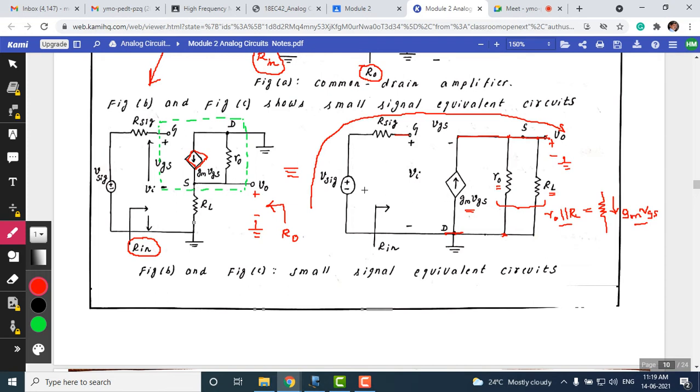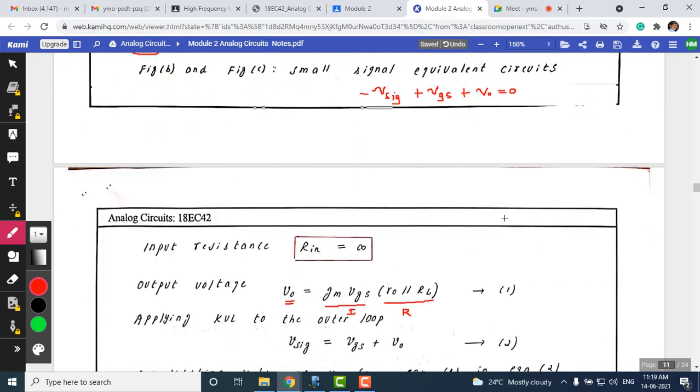Okay, so we can write here itself, once you apply KVL, minus V signal, I am starting from here, plus VGS plus V naught equals 0. So this is the KVL equation.